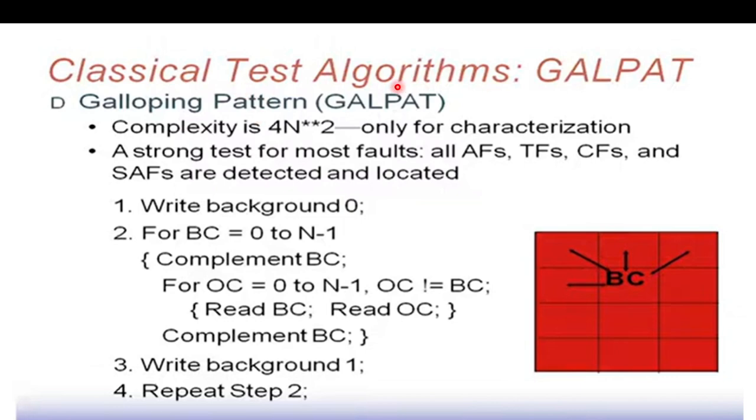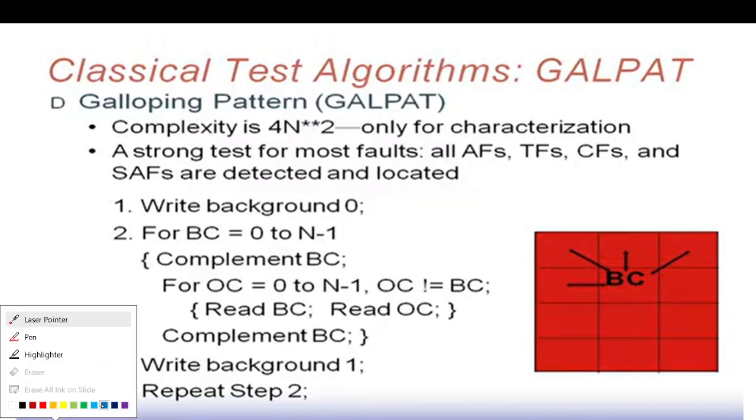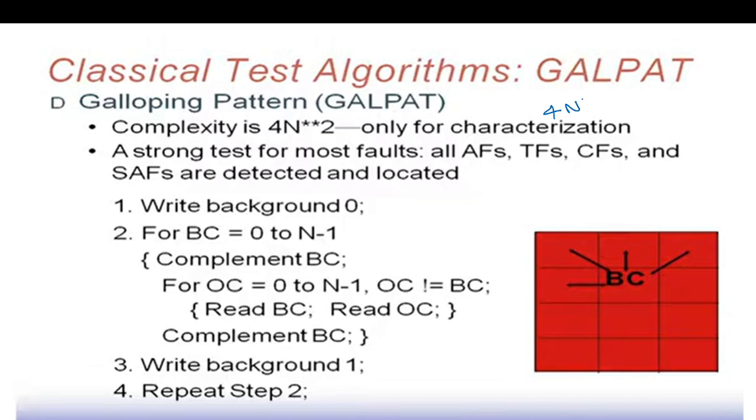So next is the classical test algorithm, galloping pattern, complexity is 4n squared. It's used only for characterization and it's a strong test for all faults. It detects all the address decoder faults, transition faults, coupling faults, stuck faults. All of these faults are getting detected.